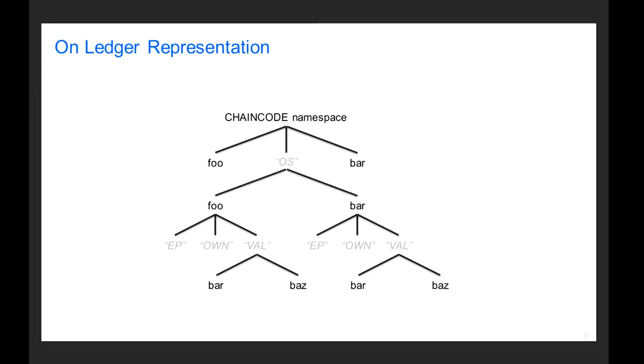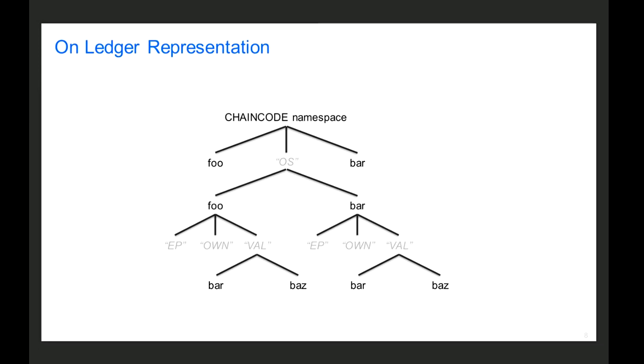Right. As we'll see later, ownable state requires custom ESCC and VSCC. It deviates from the standard one, and so the custom VSCC would just verify that if we're writing into the ownable state sub namespace, defined by some internal rules on how to assemble composite keys, then we would require an appropriate endorsement according to what is defined on the ledger.